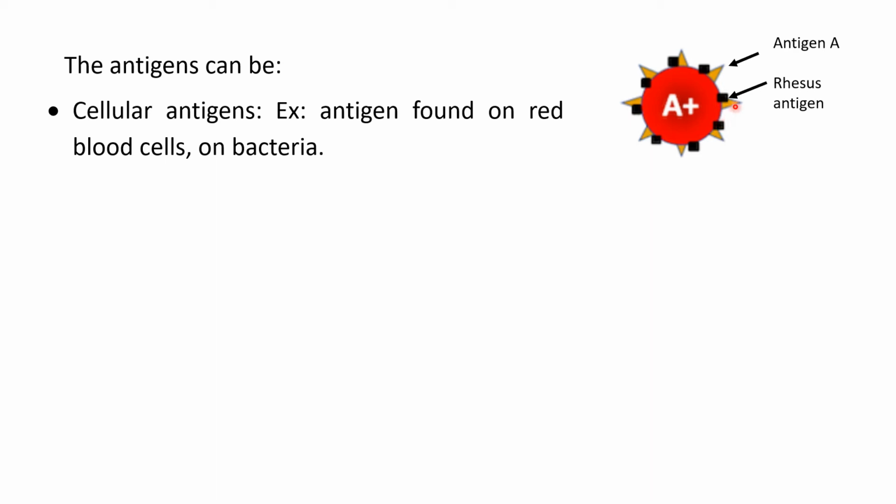For example, here, an individual who is A positive presents on his red blood cells antigen A and rhesus antigen. Why are they called antigens? Because they are considered by an individual with an incompatible blood group, like group B, as non-self. Also, these cellular antigens are found on bacteria.